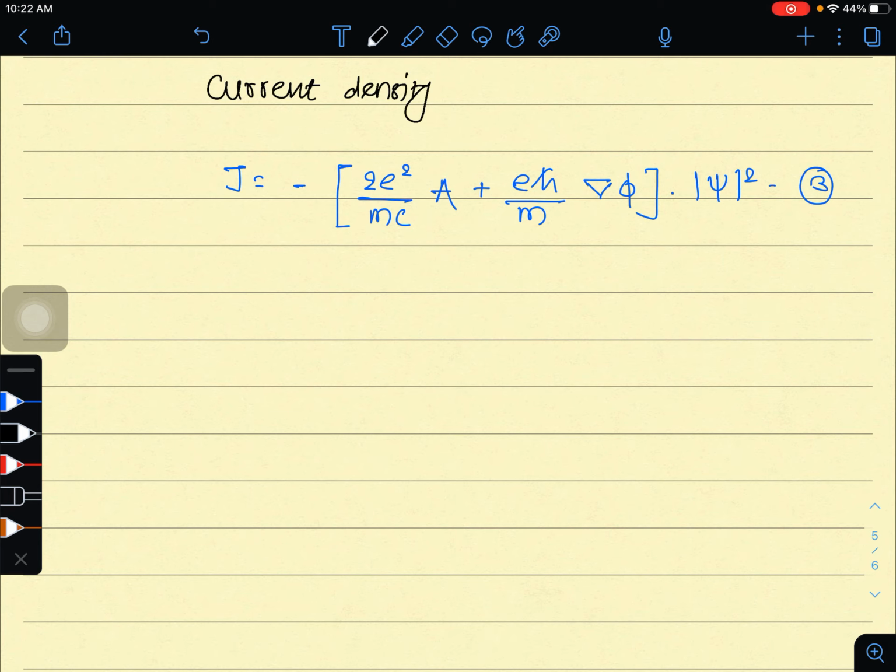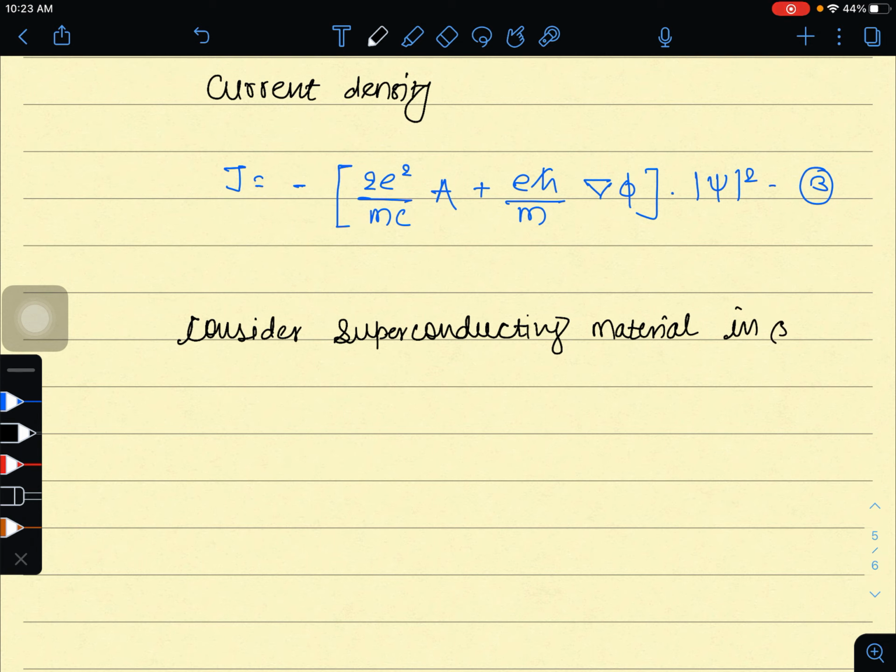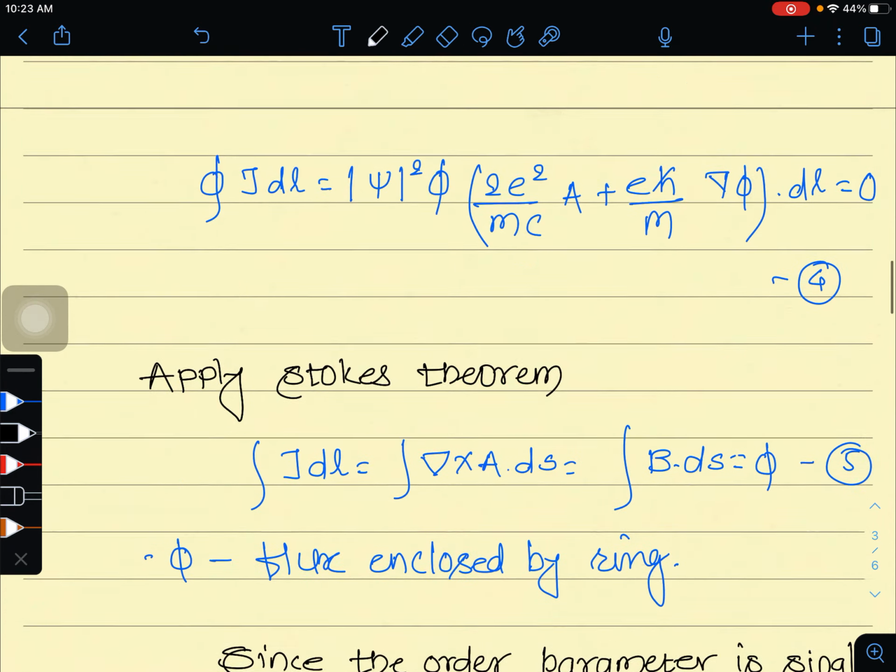Now let us consider a superconducting material in the shape of a ring, and the figure looks like this.